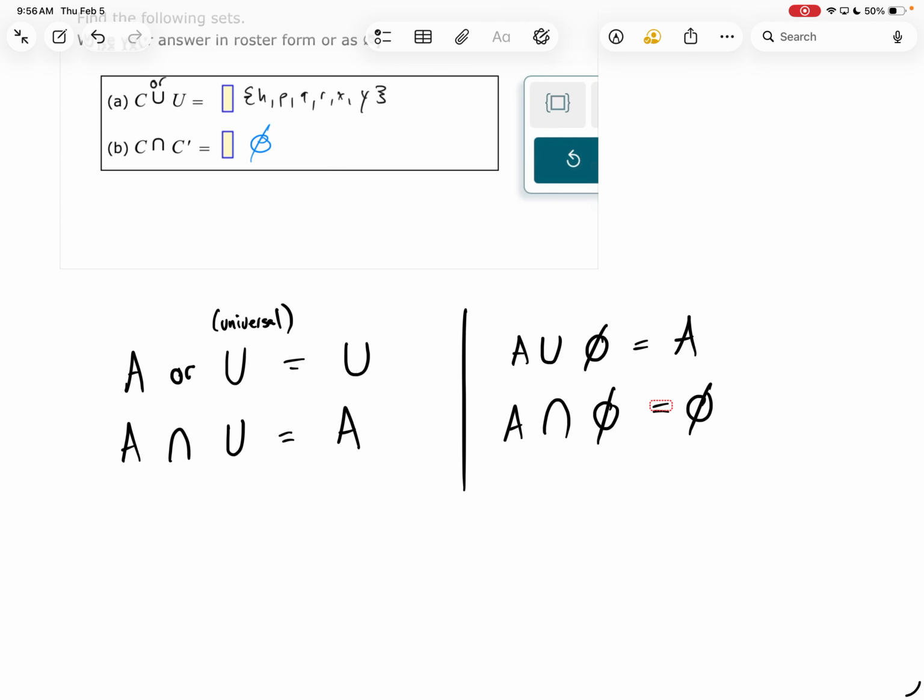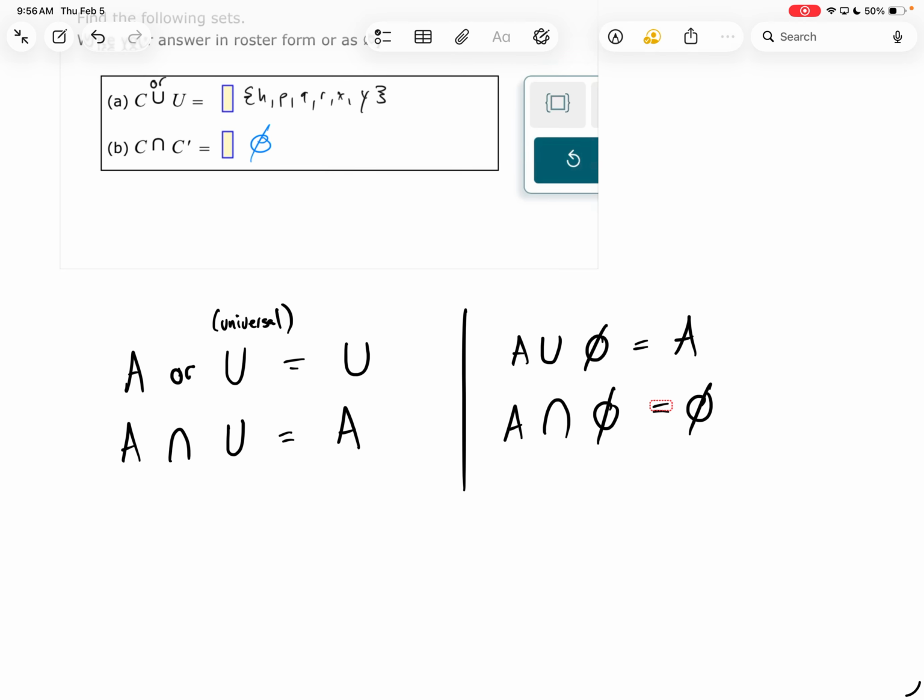It's just going to be the universal, because the universal is all of it. If I say A intersect the universal, what does A share with the universal? It's just going to be A, because the universal already has everything in it, so A shares everything that's in A. These are some of the weird things that happen here.